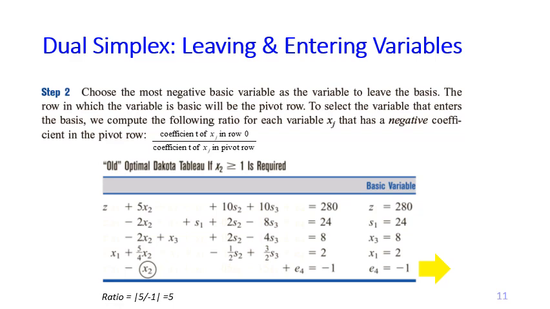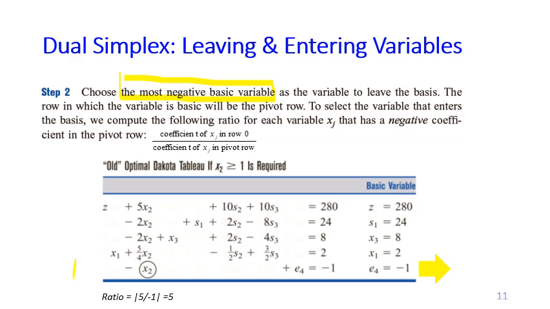Step 2, we start by choosing the leaving variable, which is the most negative basic variable. So in this case, the most negative basic variable is E4. So E4 will become the leaving variable. Now perform the ratio test for this row.